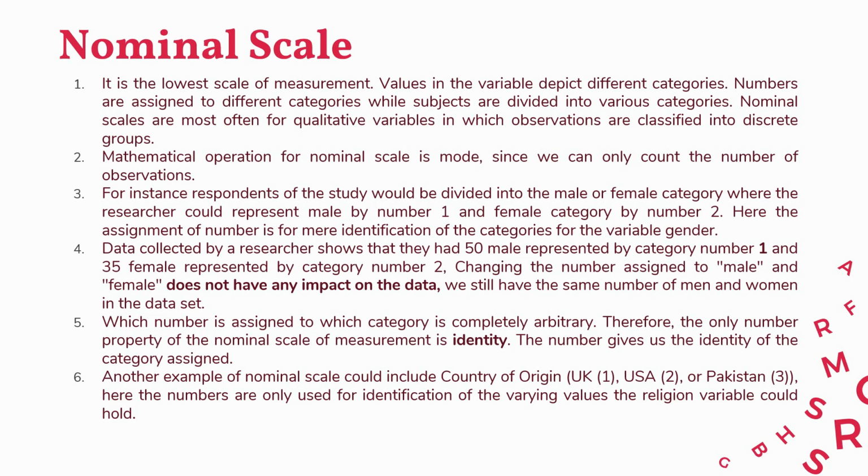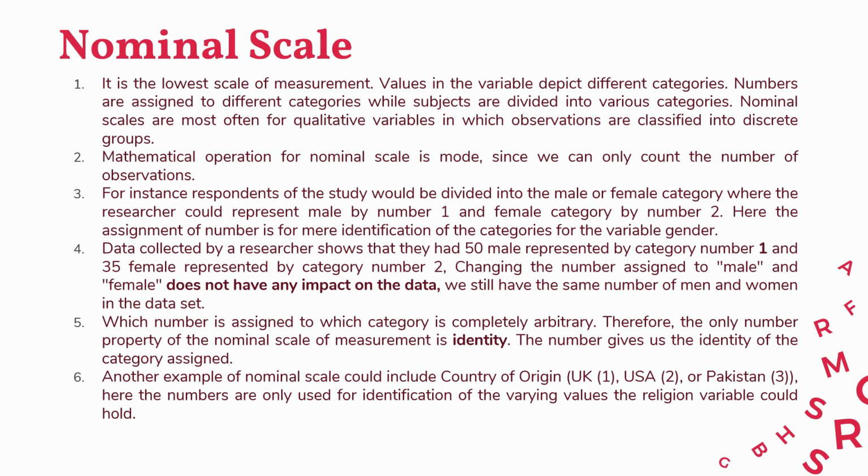Now, the mathematical operation for nominal scale is mode, since we can only count the number of observations. So if a variable falls into nominal scale, the only mathematical operation that you can perform on it is mode, or mathematical operations that are based on mode.